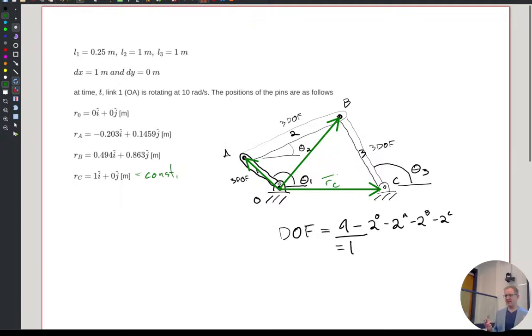Do any of them have constant magnitude? Yeah, so RA is always the length of L1. So we're starting to get some stuff that we do know.